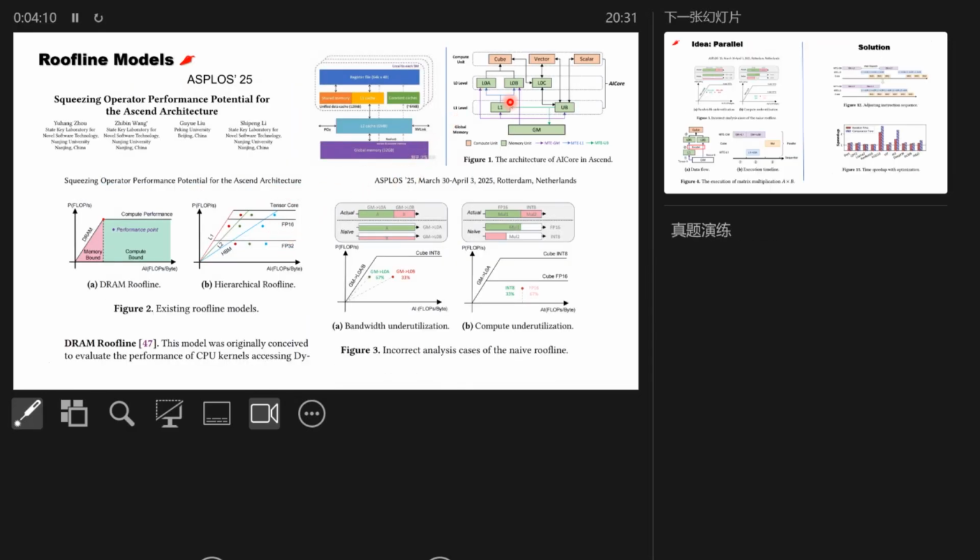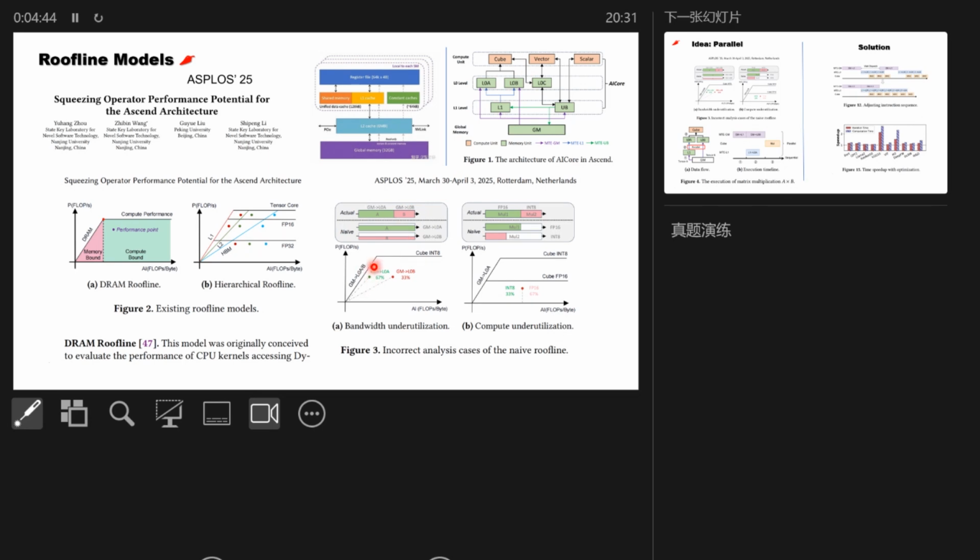But here you can find that this is the architecture of the Ascend architecture. And when they are loading the data, they can load the data to L0A and L0B in parallel. So for the naive instructions or the previous roofline model, they can only load the data into one register, and you cannot control L0B with any loading instructions.